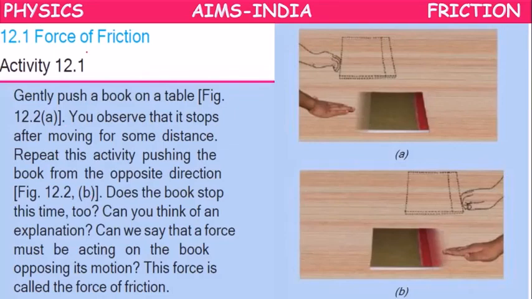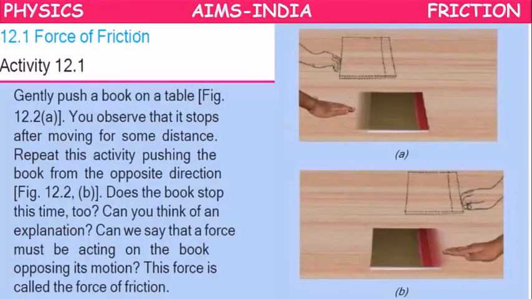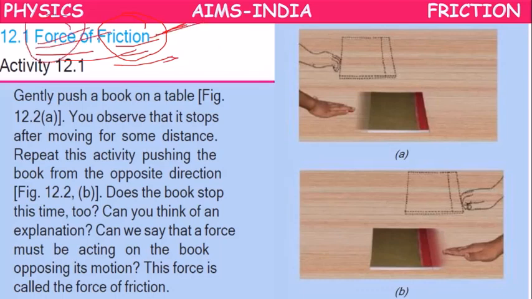These things are all happening because of a phenomenon called friction. We are going to learn about the force of friction. Friction is a phenomenon relating to force. Suppose we have a book on a table. In the beginning, it was at this position.